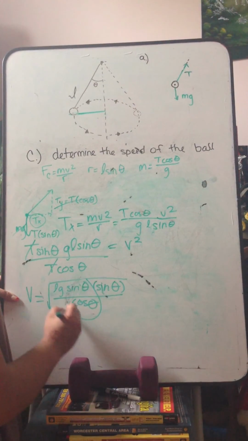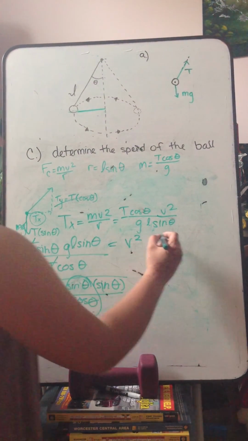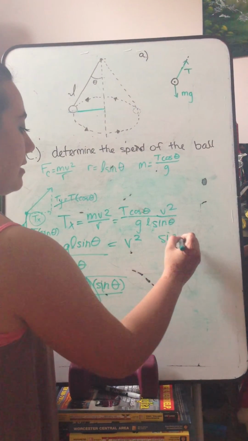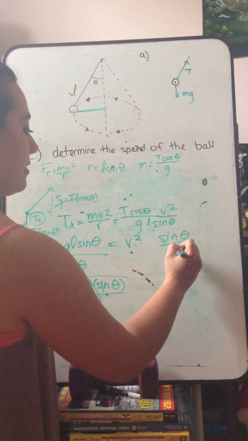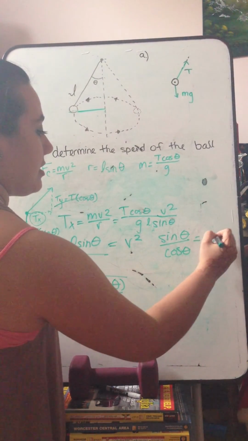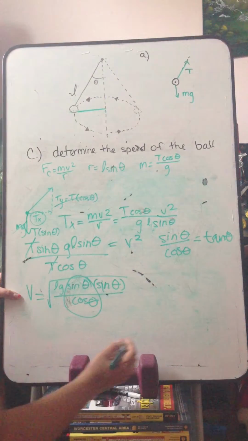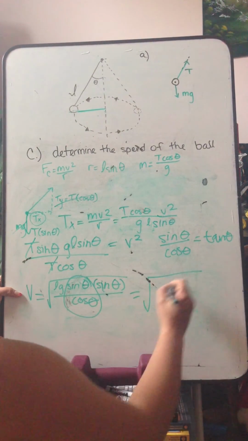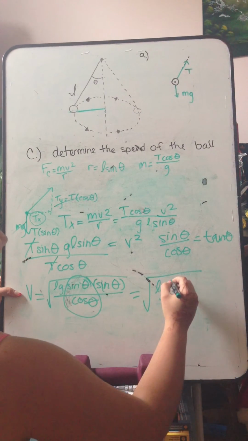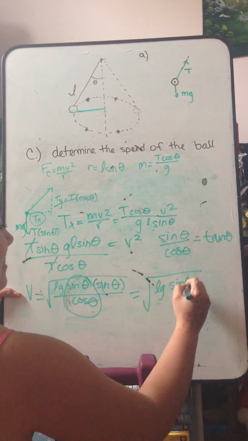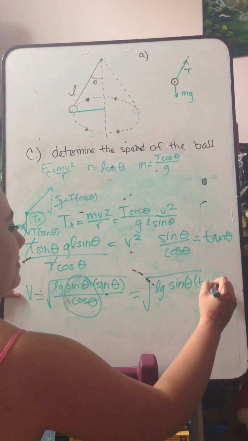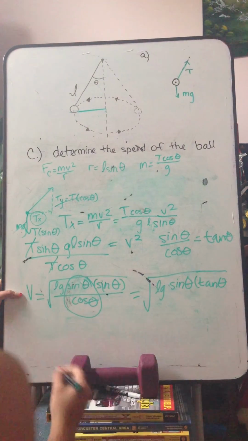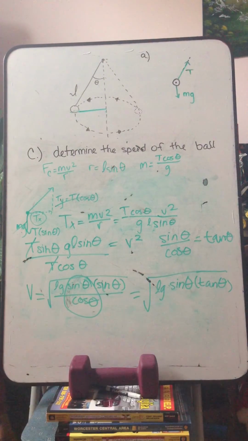Now, if you remember from your trig identities, sine theta over cosine theta is equal to tangent theta. So that's going to make our life easier by making this equal to the square root of L g sine theta tangent theta. And that is the velocity. Alright.